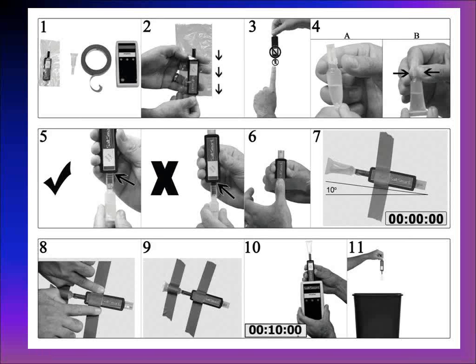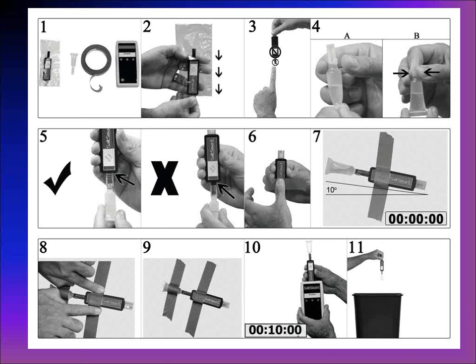To use the SaltSmart extraction and analysis procedure, first remove the test strip from the sealed package as shown in image 2 on the slide, taking care not to touch the sensor as depicted in image 3. Squeeze the neck of the water ampule containing the pre-measured distilled water as illustrated in image 4 on the slide. This breaks the seal and opens the ampule, allowing water to flow into the test strip.